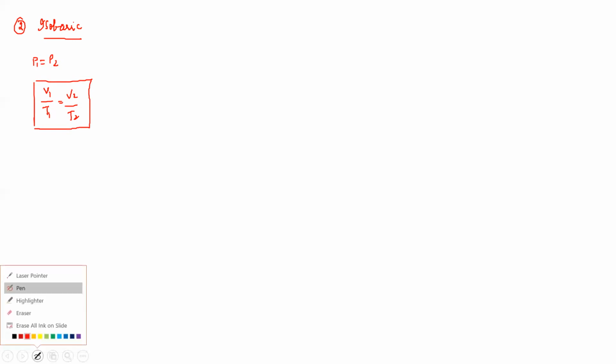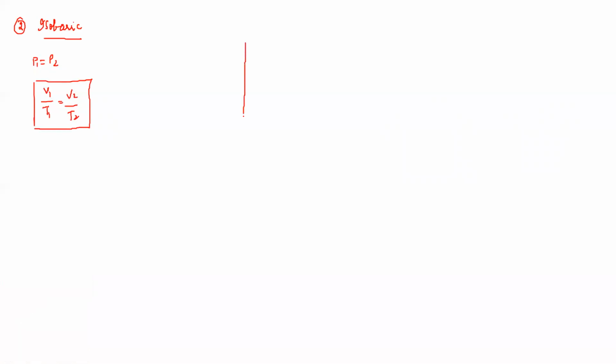If that is the case, then the equation of state for an isobaric process, P1V1 by T1 is equal to P2V2 by T2, is going to reduce to V1 by T1 is equal to V2 by T2. That is going to be the equation of state for an isobaric process, right?